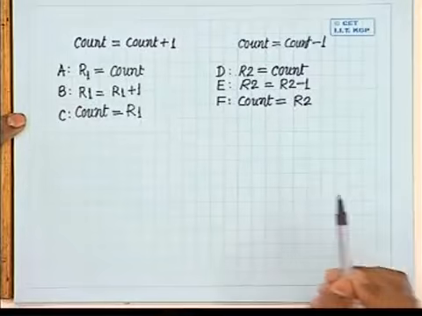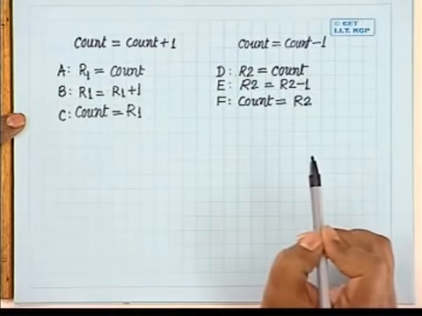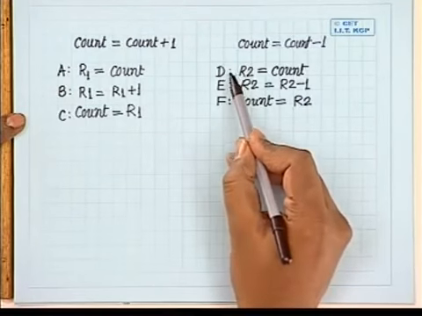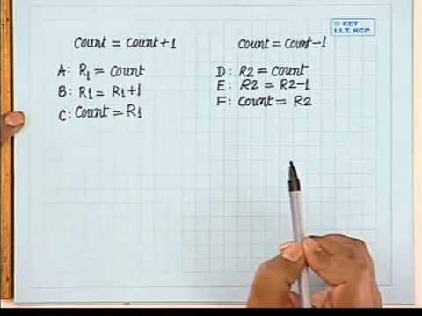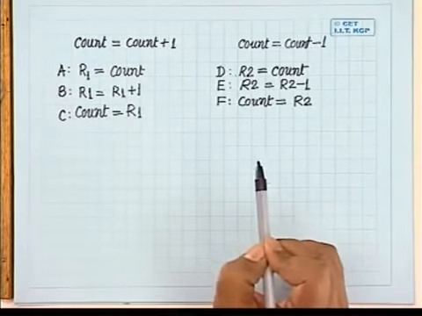Okay. So it is not ensured that when the producer process is being executed, all these three statements A, B, and C will be executed, and only then for the consumer process D, E, and F will be executed. Neither is it sure that for the consumer process D, E, and F will be executed in this sequence, followed by A, B, and C statements of the producer process.